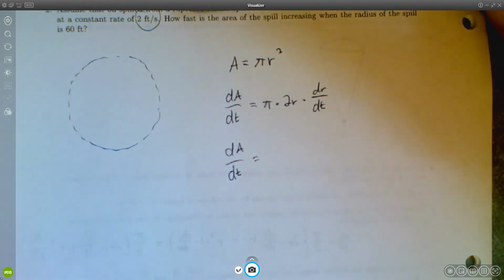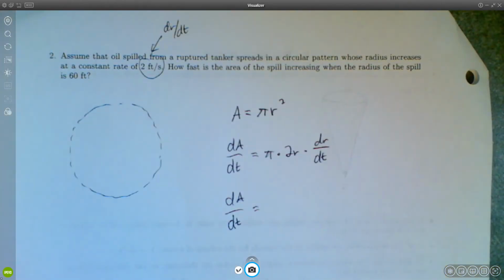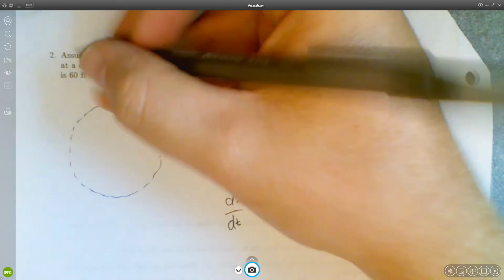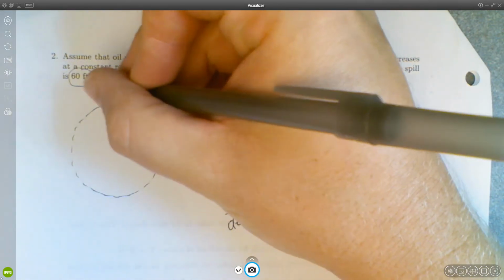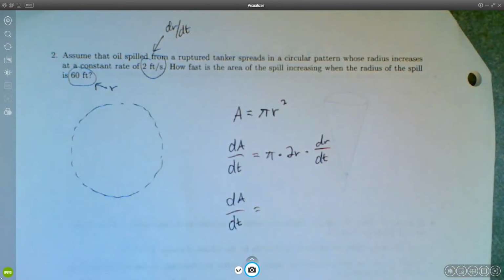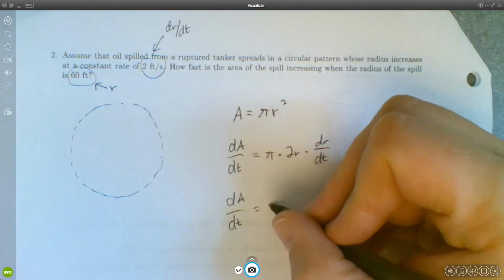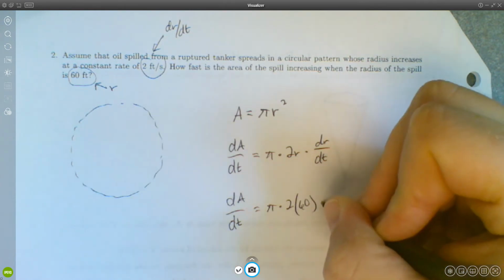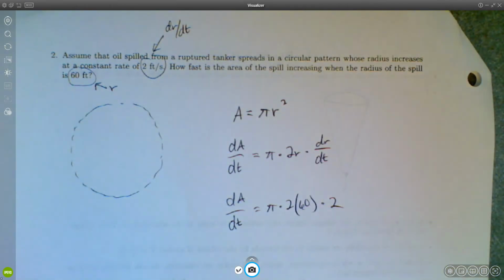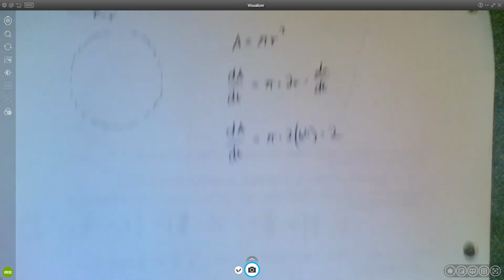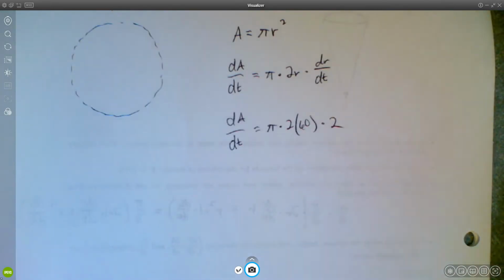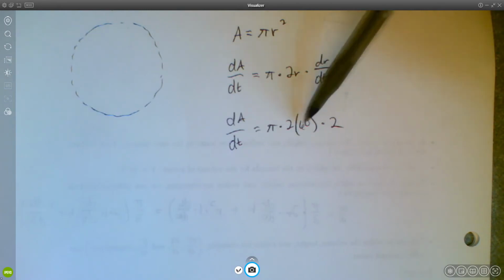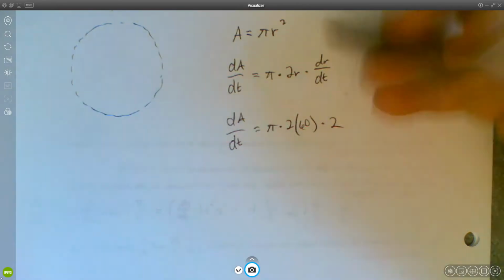Okay, and it says how fast is the area of the spill increasing when the radius is 60 feet? So that's the radius, so we can plug these things in. This is pi times 2 times 60 times dr/dt, which is 2. So 2 times 60 is 120, times 2 is 240, so this is 240 pi.